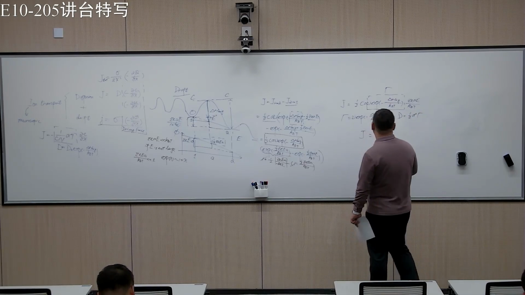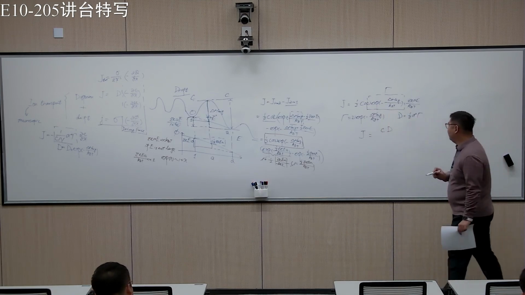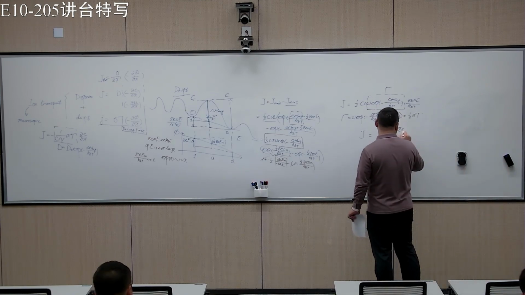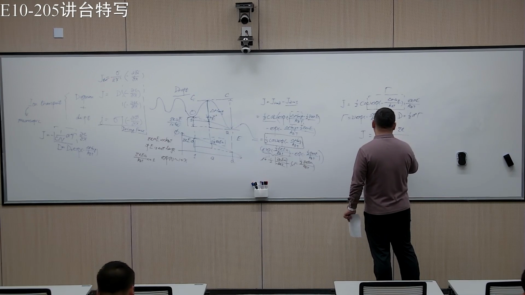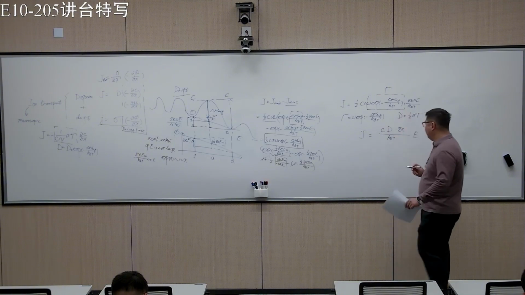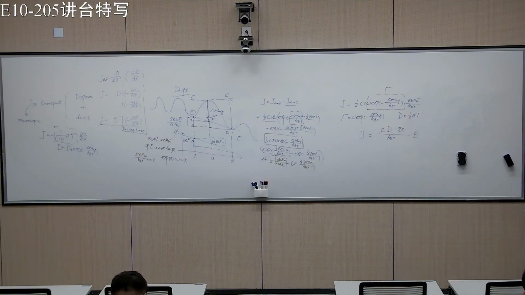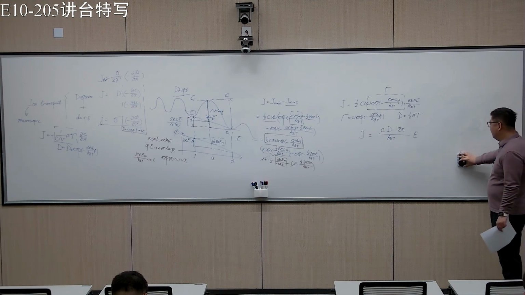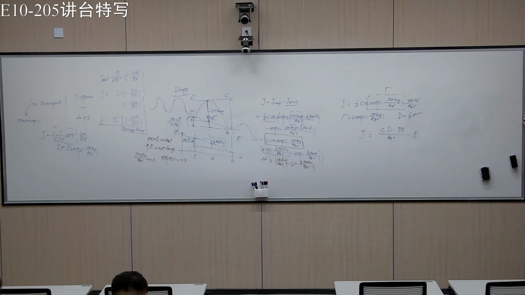What's left of it is basically D over kBT, then we have the electric field. You can already see this really looks like Ohm's law, right?